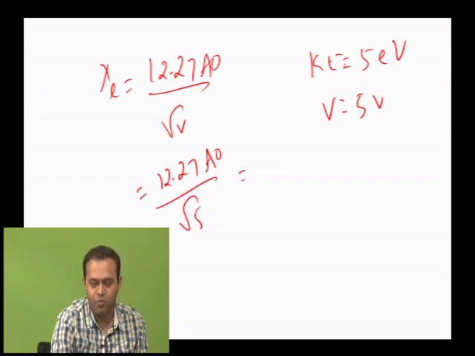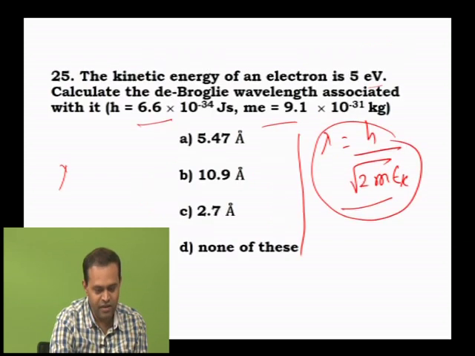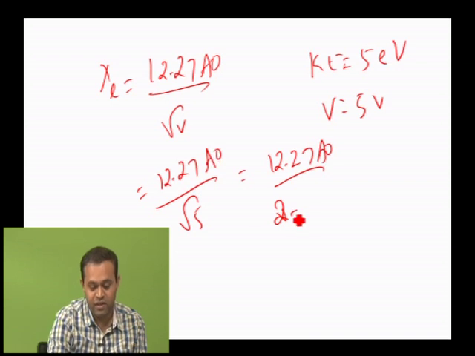Root of 5 is around 2 point something, 2 point something, and if you write 12.27 angstrom by around 2 point something, maybe 2.3 like that. Anyway, around 6 times cancels. The nearest answer they have given you is 5.47, because root 5 is there. If you take 2.34 and divide, if it is exactly 2 then it would be 6, because 2 point something means definitely the answer is 5.47 angstrom.